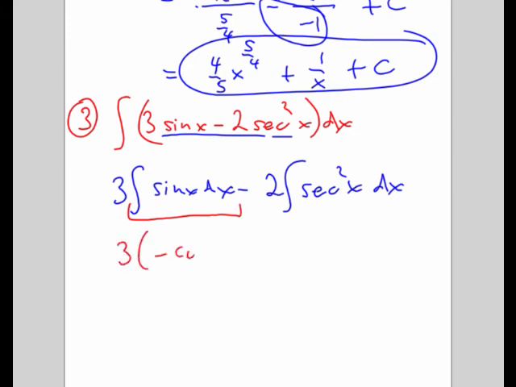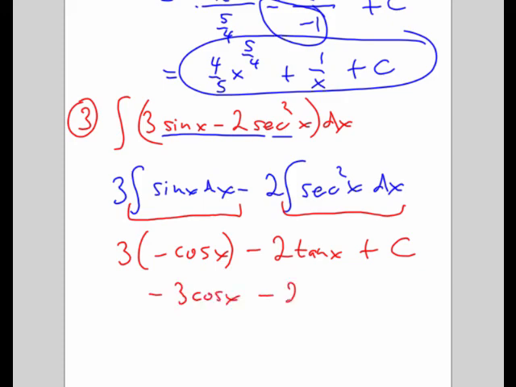Well, that would be negative cosine x plus a constant. What function has secant squared as its derivative? Tan x plus a constant. And all of those constants combine into one constant, so I'm only going to write it down at the end. And so it's negative 3 cosine x minus 2 tan x plus c.